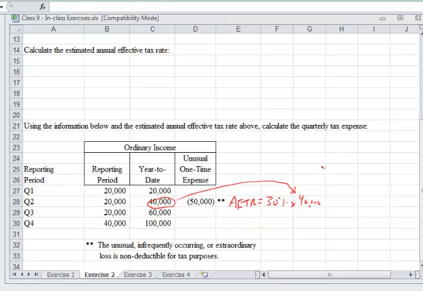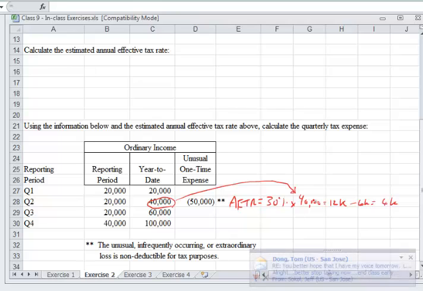If that thing didn't exist, this is what we do. 40 times 30% would be 12. I would have booked $6K last quarter, so I would book another 6 this quarter. So that's kind of my provision before I add the weird stuff.